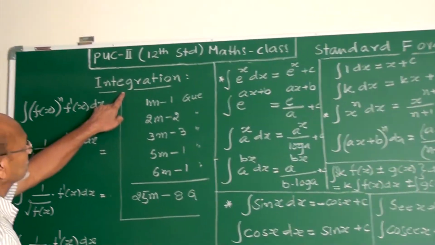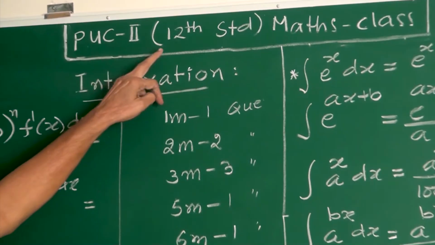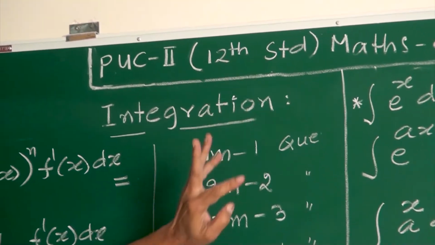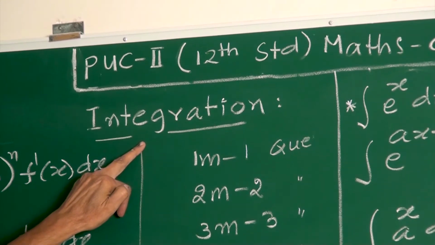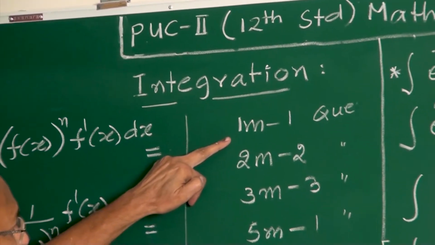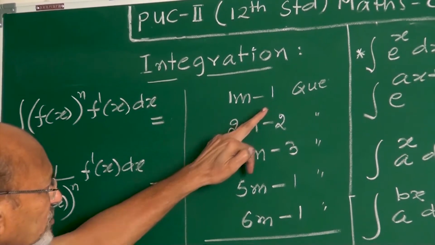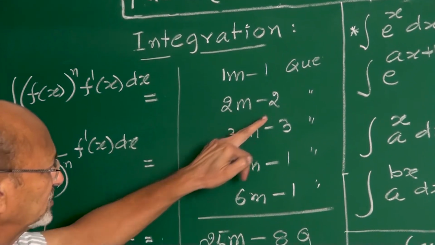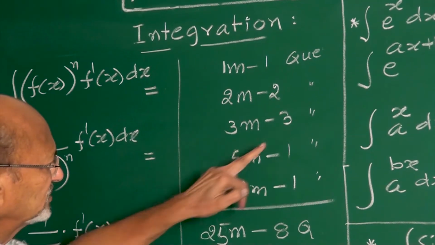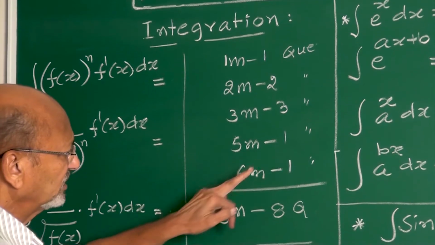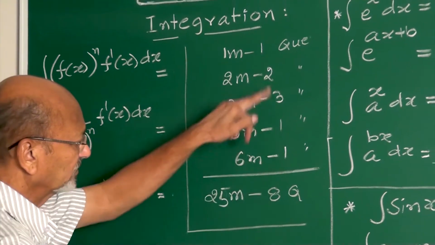Yes, my friends, it is PUC second year or 12th standard maths class. Integration, statistics. 1 mark 1 question, 2 mark 2 questions, 3 mark 3 questions, 5 mark 1 question, 6 marks 1 question.